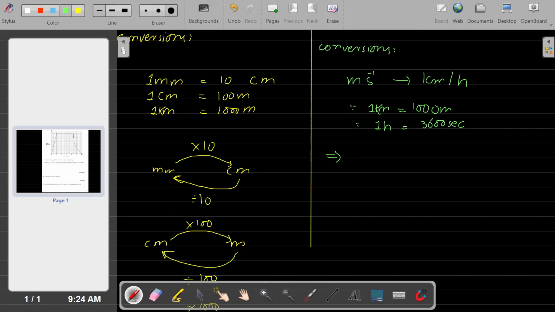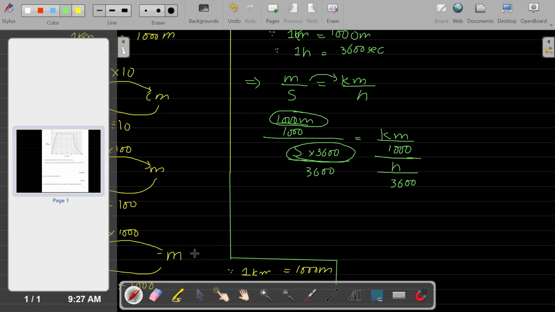Okay. So meter per second, I'm going to write in this way, because per means I can write this in the denominator form. Now, you can see that I have to convert this into kilometer. Meter is going to convert into kilometer, like I have to make this form, kilometer per hour. So how can I move from here to here?